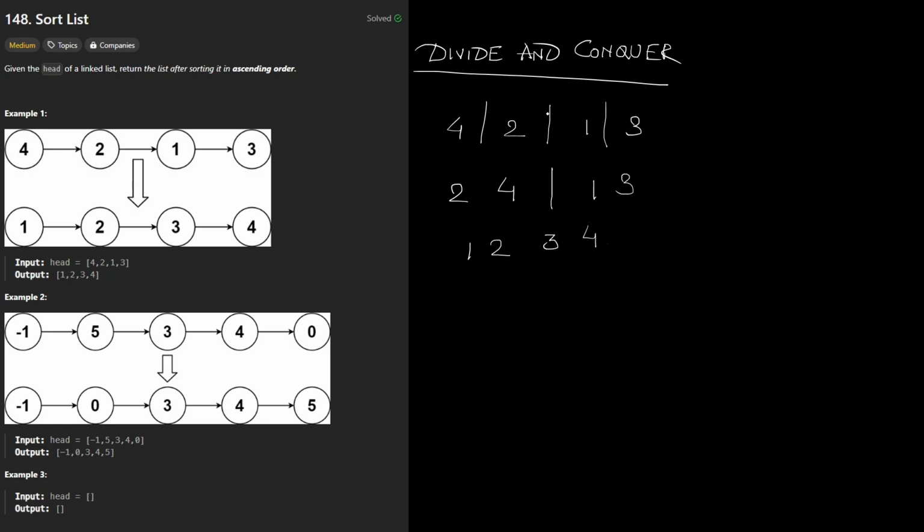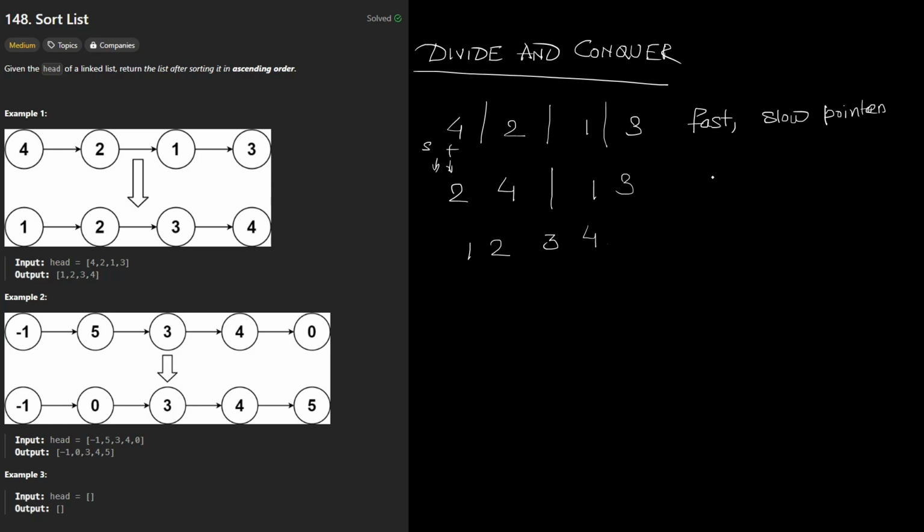Now let us understand where to make the divide. For that, in a linked list, to make the divide or to find the middle element, we can use the concept of fast and slow pointer. The basic idea is that we create a slow pointer and a fast pointer.